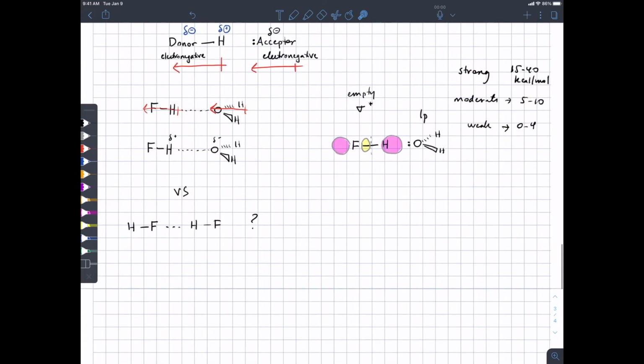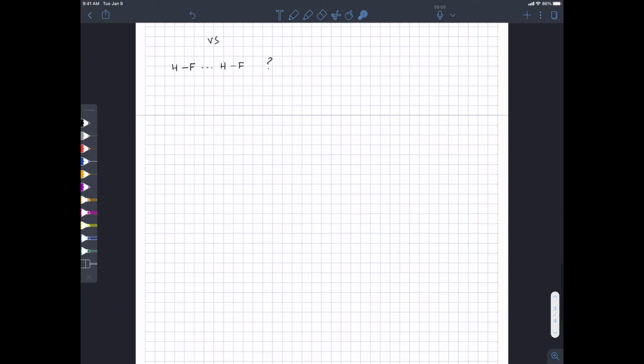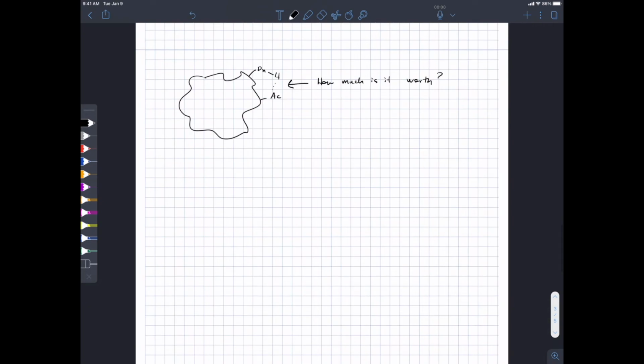If it's a protein, let's just imagine this situation. Here's our protein, and here is your hydrogen bond donor, and here is a hydrogen bond acceptor, and you want to know how much is it worth. You have to consider maybe you have a crystal structure so you know that they're hydrogen bonding with each other, but you have to consider what your alternative is.